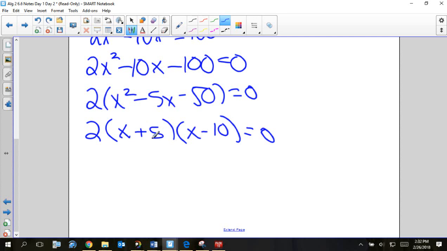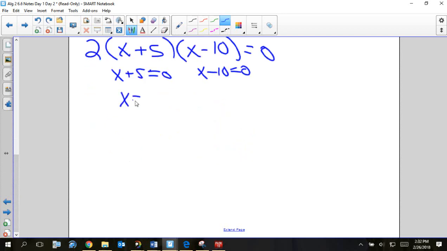Once you have it factored, set each factor equal to 0. So we have x plus 5 equals 0 and x minus 10 equals 0. Why don't I set 2 equal to 0? It doesn't have a variable, and 2 doesn't equal 0, ever. So I've got x equals negative 5 and x equals 10.